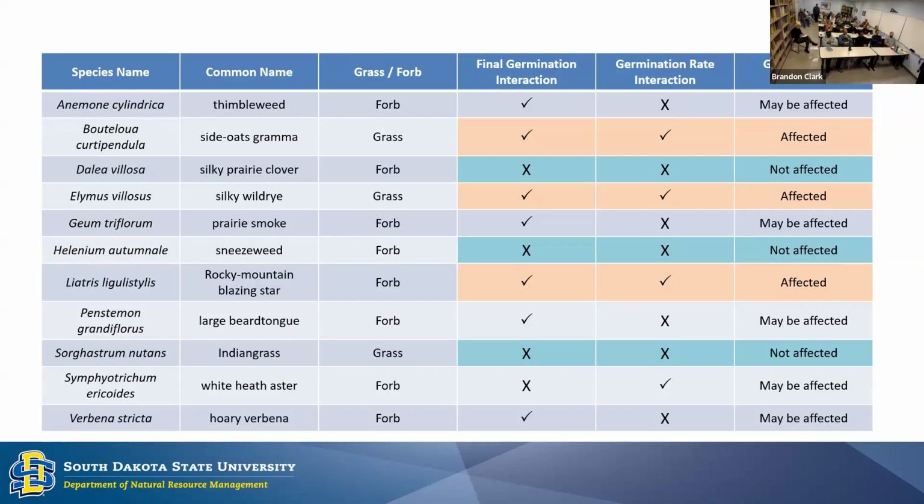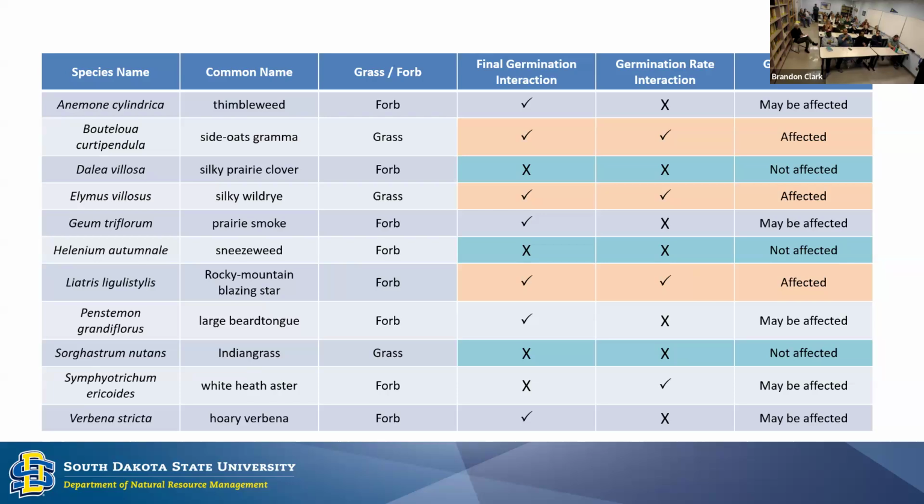And this is a table that summarizes those effects, or whether those species might be affected by transfer, with the ones that have both final germination and germination rate showing an interaction. They are definitely likely to be affected by transfer, whereas we find less support for the 3 species that didn't have any interactions of either.